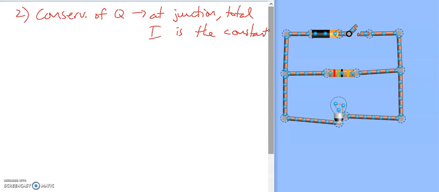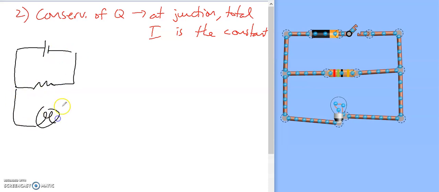First of all, I'm just going to sketch out my little circuit over there. I've got a power supply, a resistor over here, and a light bulb over there. There you go, something like that. You turn this on, the current's going to wrap around, and there's my current right there. When it gets to this junction, it's going to split. Some current will go this way; I'll call that current 1.